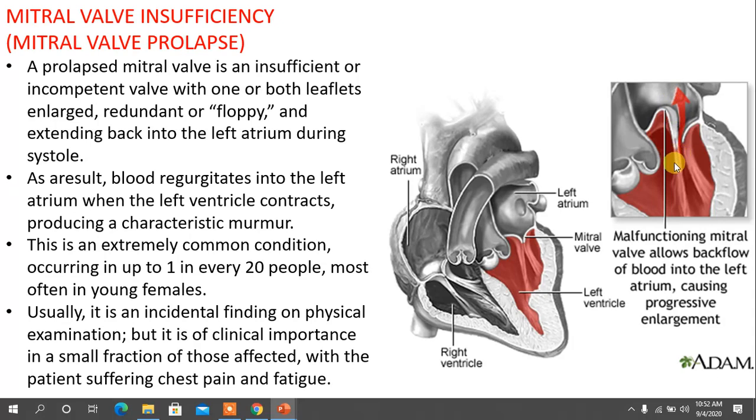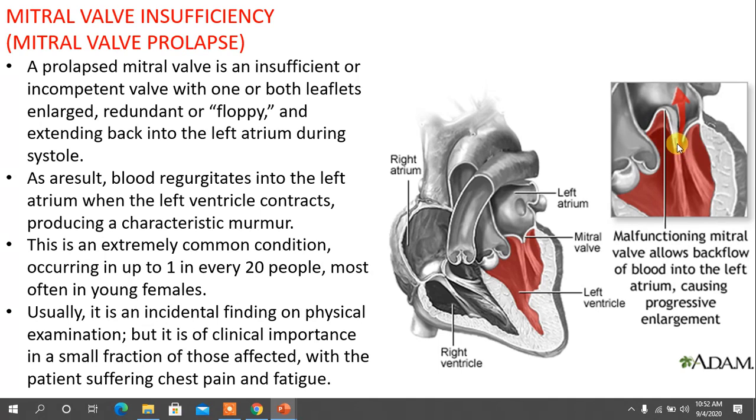As a result, blood will go back into the left atrium from the left ventricle, and it will produce a murmur, a change in the sound of the heart. Obviously, this will be during systole. When the ventricle contracts, the blood will flow back into the left atrium, and during systole it will produce a murmur.